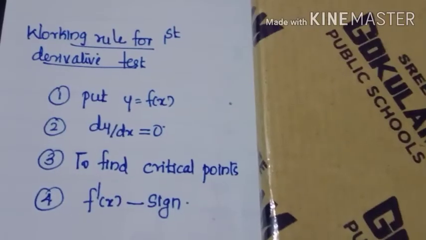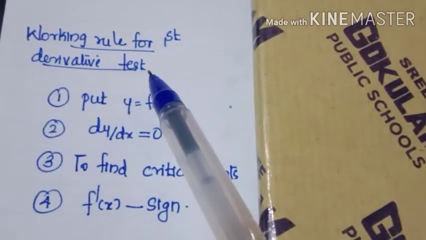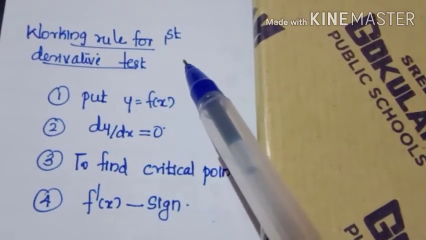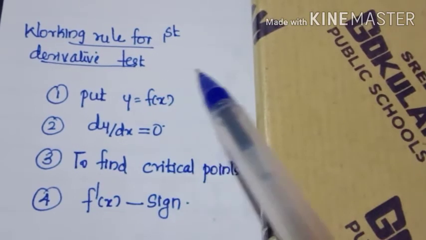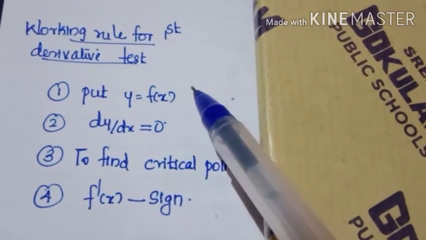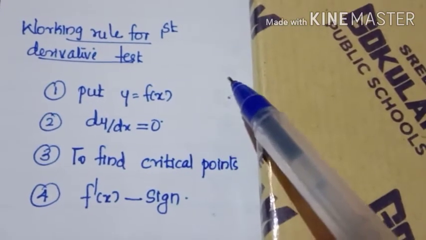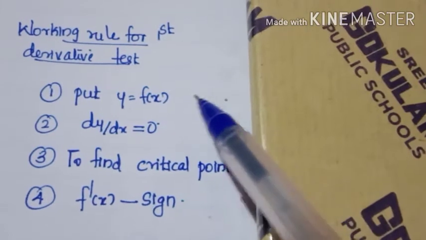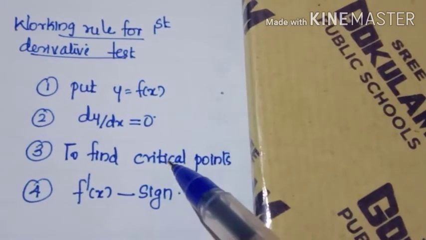Now let's talk about the working rule for the first derivative test. We know the first derivative test, and now we have to find the local maxima or local minima values. How would we do that using the first derivative test? It is basically a step by step procedure which we have to remember.